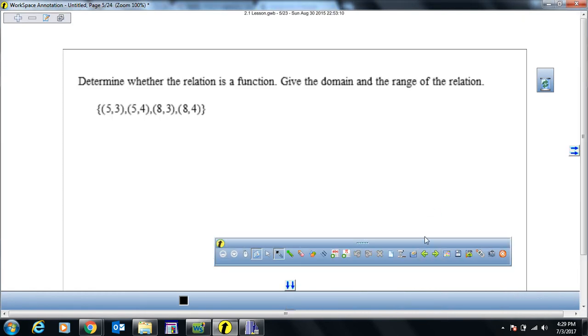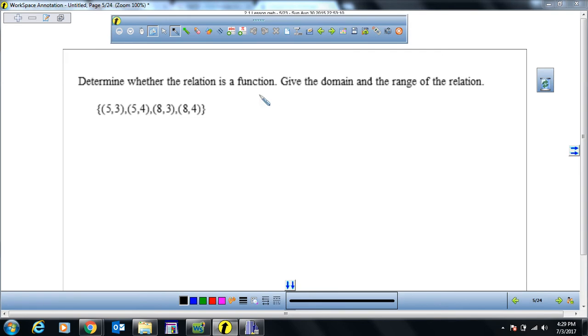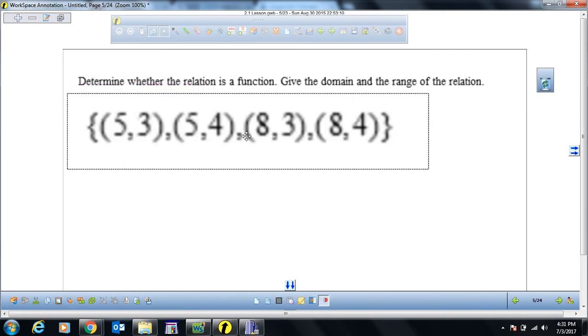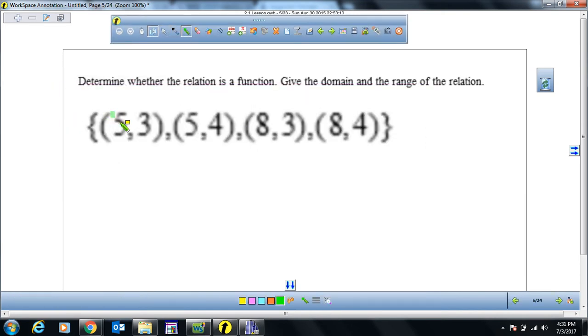Now let's take a look at this example. It says determine whether the relation is a function, then give the domain and range of the relation. Looking at this relation, we can automatically see that every value of x has more than one y. So x equals 5 has two different values of y, mainly 3 and 4.